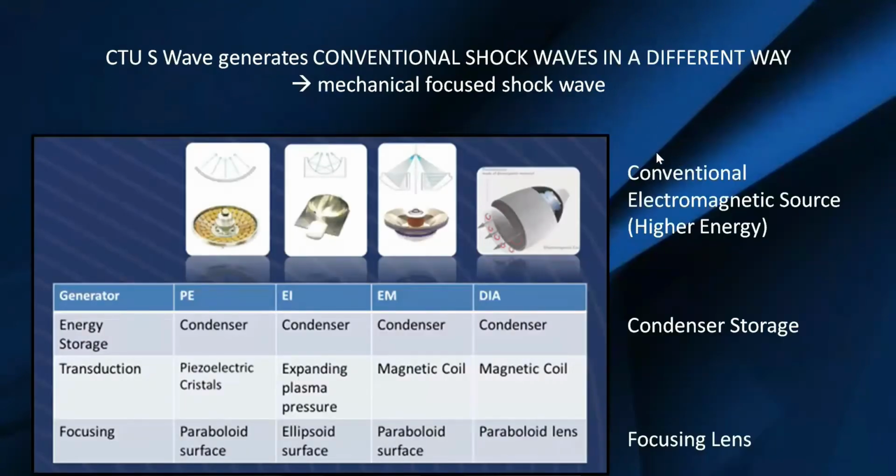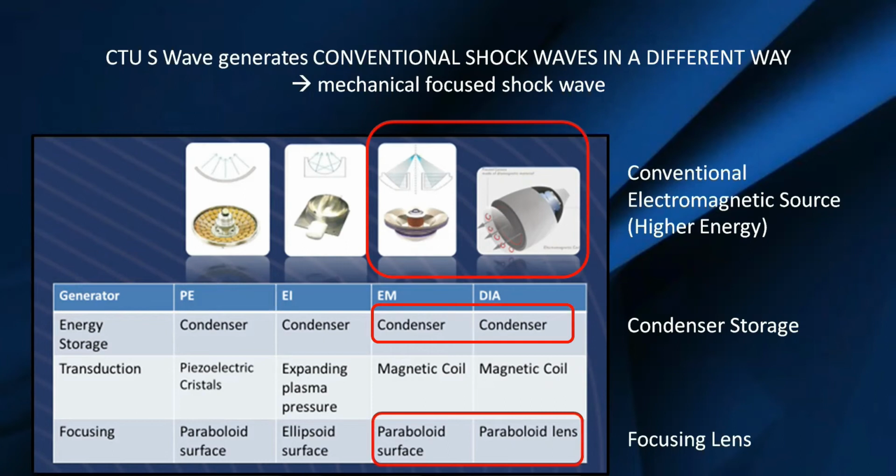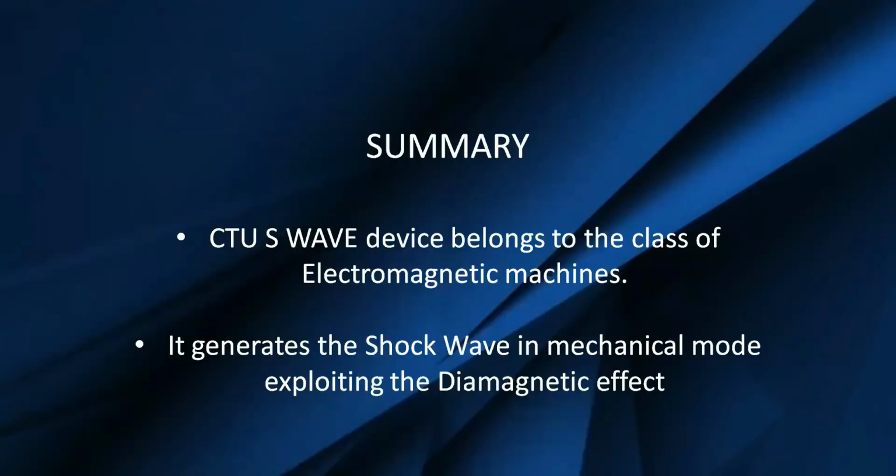As Federica explained, the characteristics of an electromagnetic device are a condenser as a storage of the energy and the parabolic lens surface.